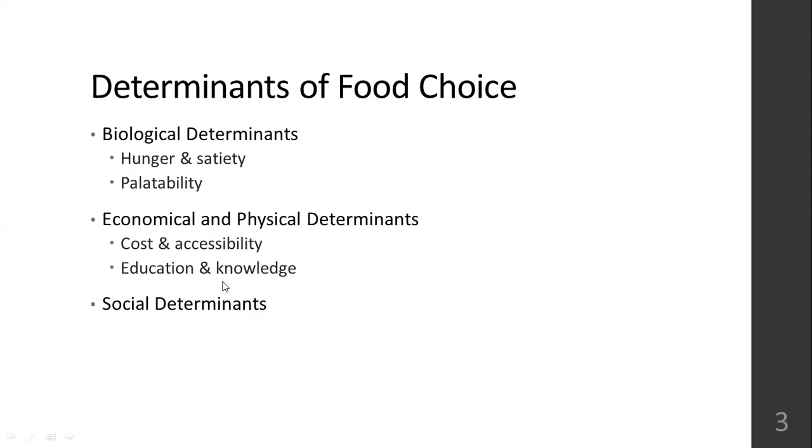So, next is social determinants. This is your cultural influences. Do you belong to a vegetarian family, non-vegetarian family, Jain family? How culture makes you choose certain food and avoid certain food. Will you eat beef or not? Will you eat pork or not? Will you eat insects, worms or not?